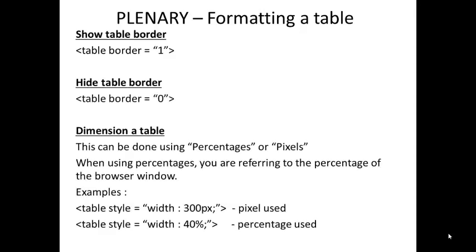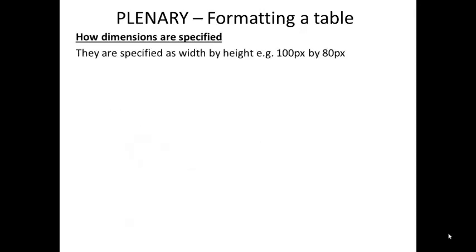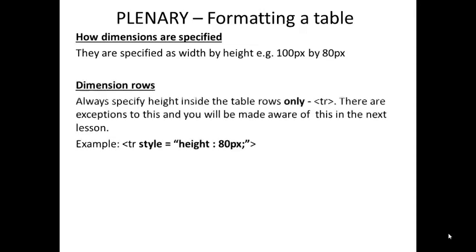Now to show table border, you specify inside the opening tag of the table border equals 1 in quotes. Don't forget to hide the table. You can either dimension a table using percentages or pixels, and here are examples of doing that. Now, the dimensions of cells are specified width by height.